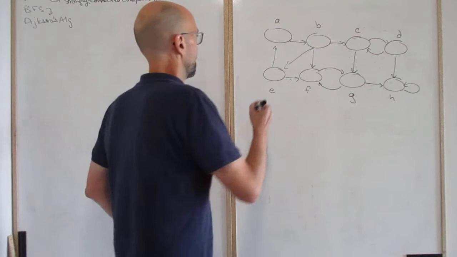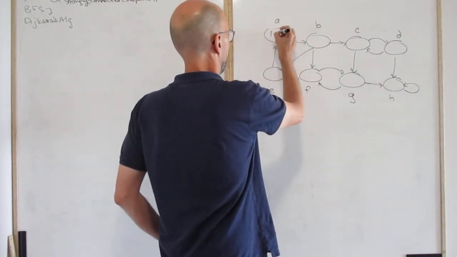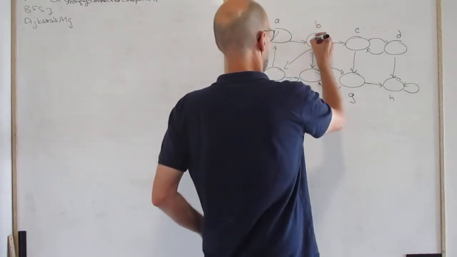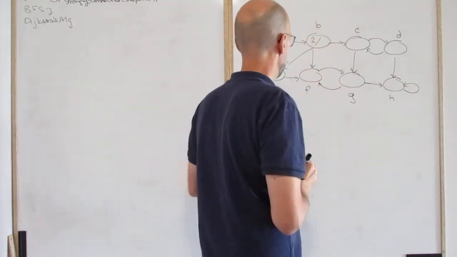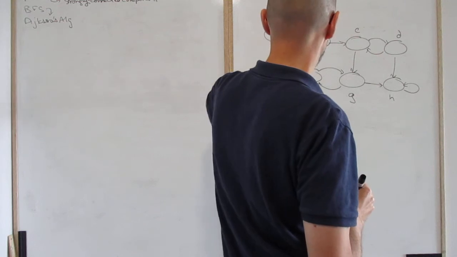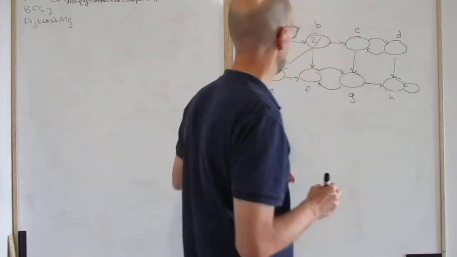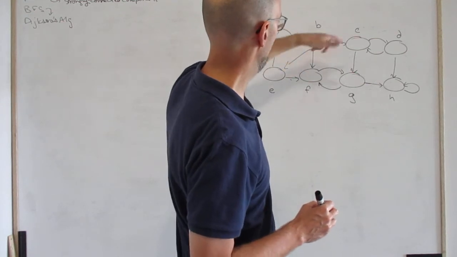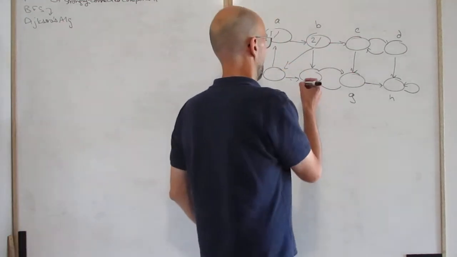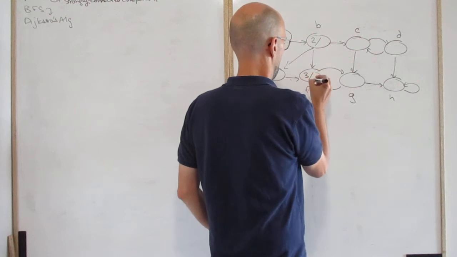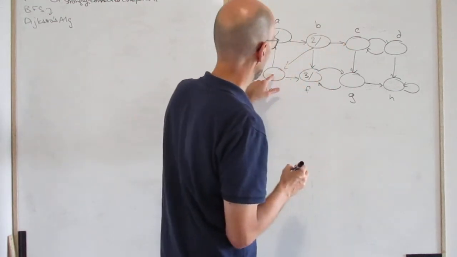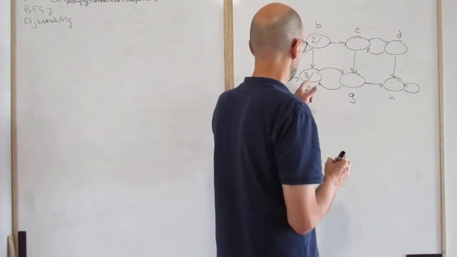Okay. So opening time is 1. And then where can we go? We can go to B, opening time 2. And we can either go to F or C. It doesn't matter. Let's go to F. Opening time is 3. We can also go to E, but we will do that later.